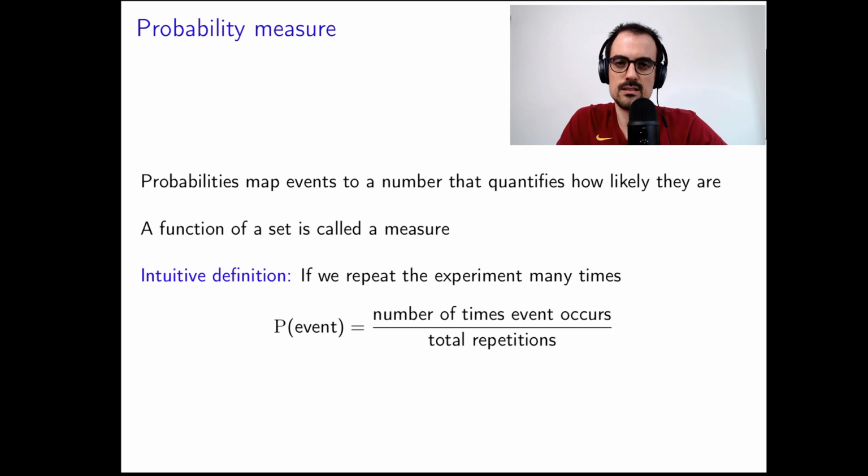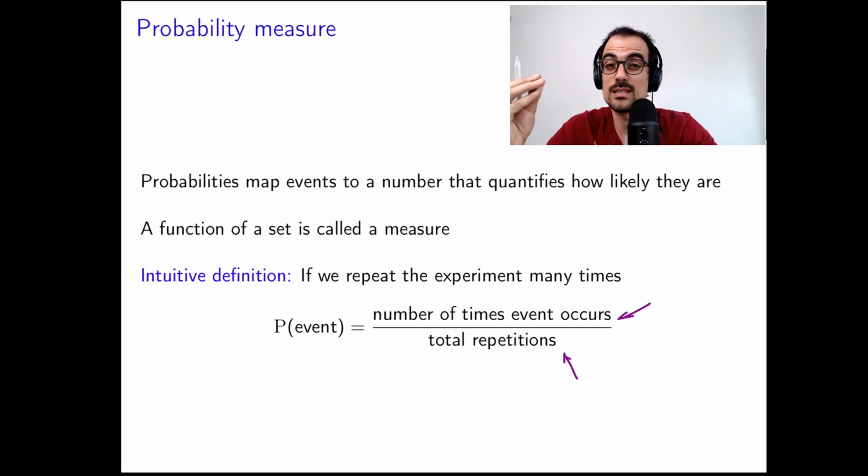If we repeat this experiment of interest many times, how many of those times would an event occur? Okay, like that number. We're going to divide it by the total repetitions. So this is the fraction of times that an event of interest occurs when we repeat the experiment over and over and over.